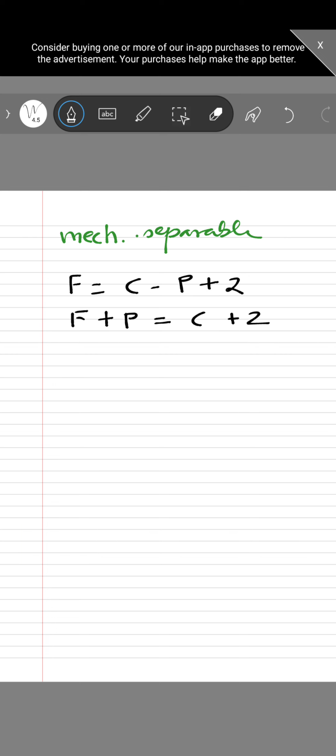So we have talked about the phase. Now we will talk about the number of components, C. These components can be elements, ions or compounds.